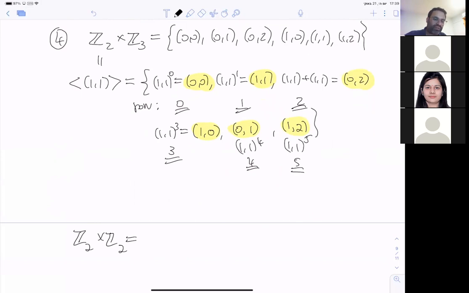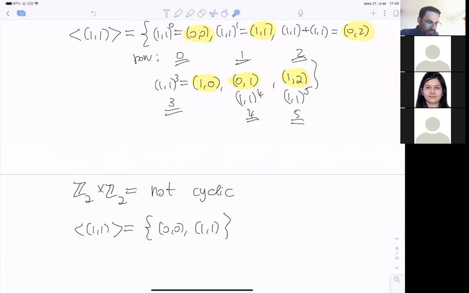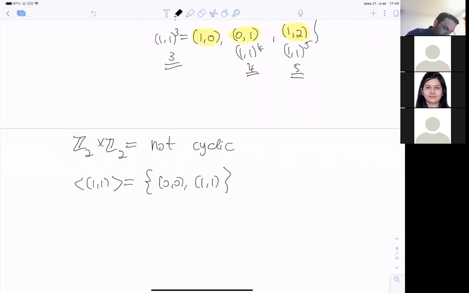There is no generator here that alone can generate everything. For example, if we take (1,1), the power of 0 is (0,0), then (1,1), and that's all. We cannot go further because the next time we get back to here. We didn't cover all the group's elements.